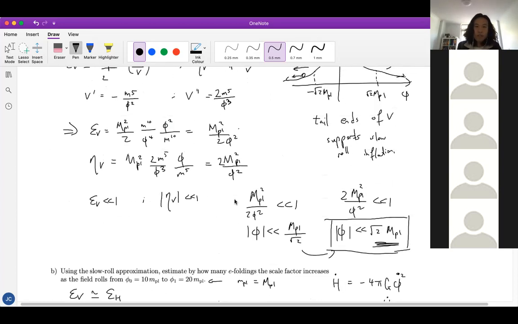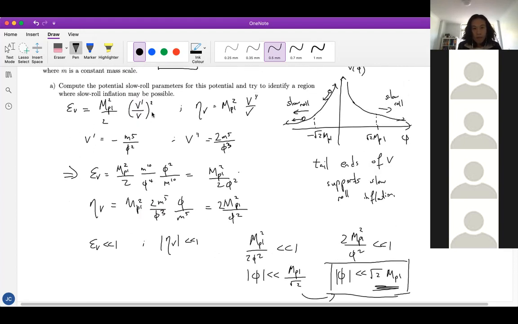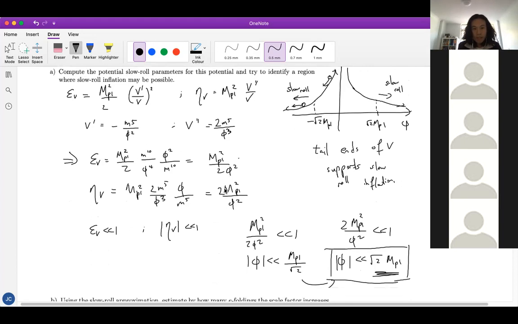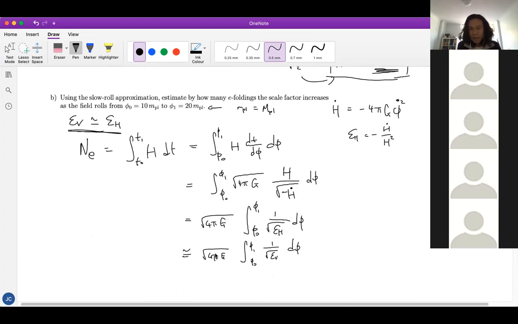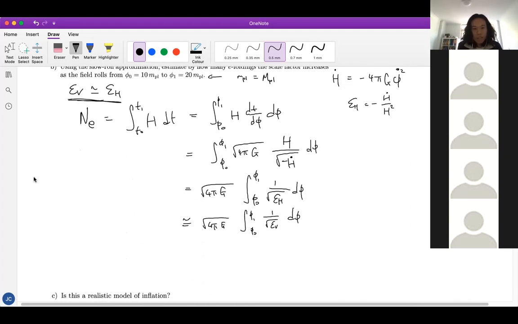Now we just have to substitute in this definition of epsilon v, and we already know what this is, so we can just sub it in. You have 4 pi g's here, and in the definition above you have the Planck mass. To make things neater, just sub in Planck mass is 1 over 8 pi g. After doing some algebra and shoving everything inside, you get 1 over Planck mass squared times the integral from phi naught to phi 1 of phi d phi.